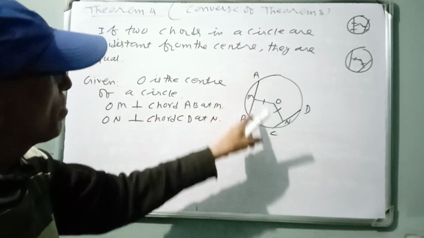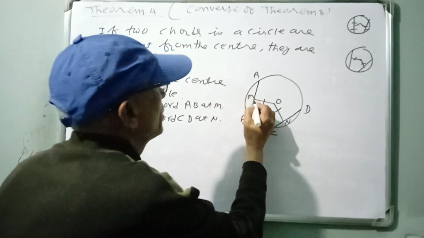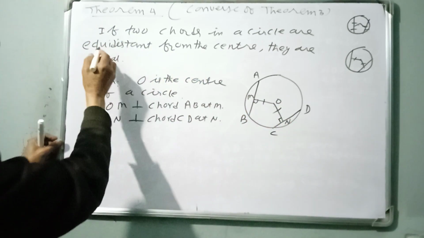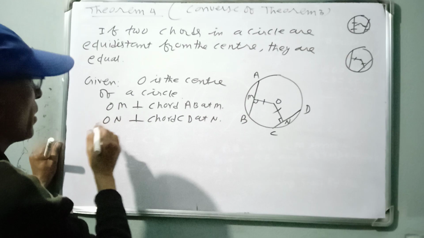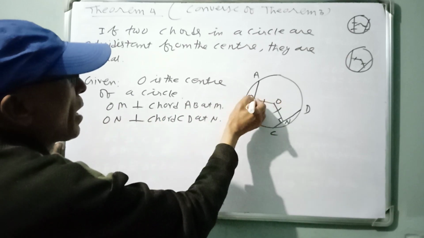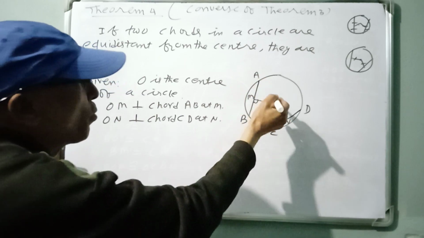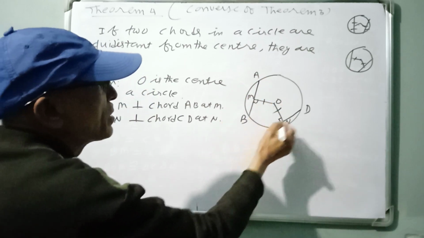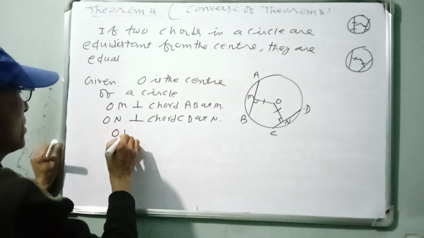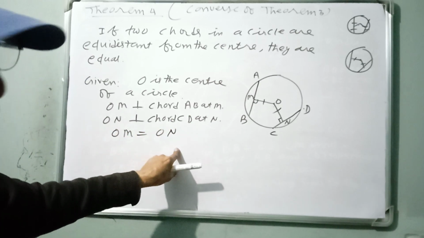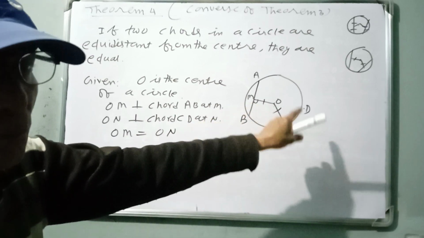The perpendicular is drawn from O to AB. It is perpendicular also given. And another thing, the perpendiculars are equal. Distances are equal. Distance of AB is OM. Distance of CD is ON. That means OM equal ON given, because they are perpendiculars.